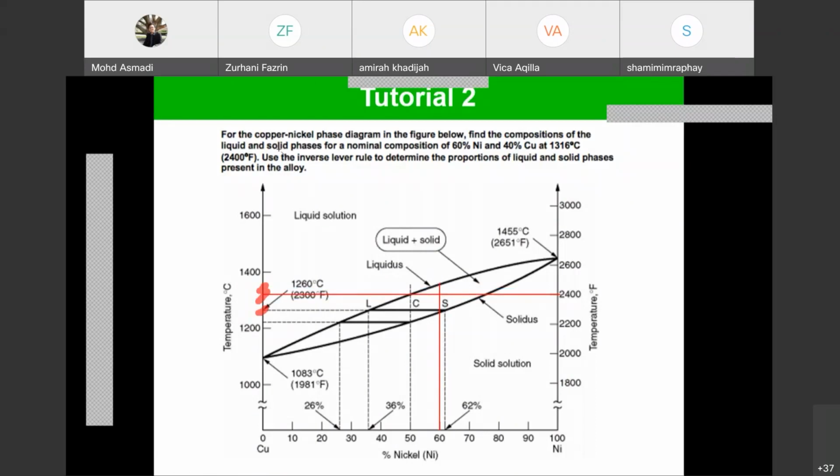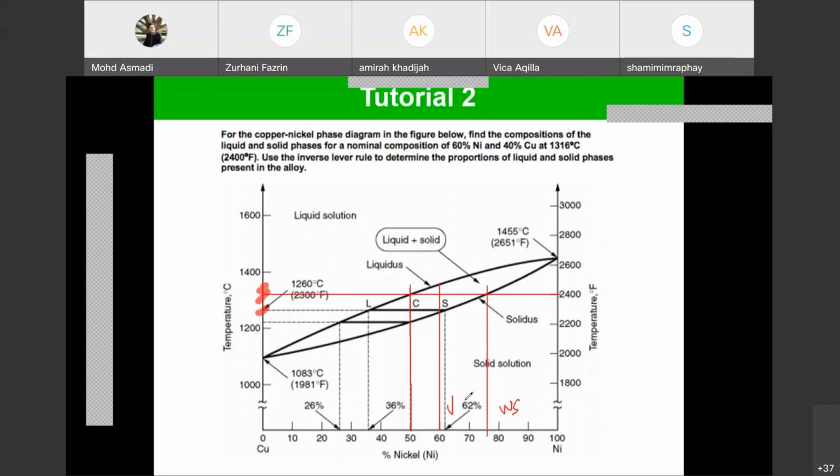Use the lever rule to determine the proportion of liquid and solid phase in the alloy. If you look at here, it starts here. This is WL, this one is W naught, and this one is WS. Because this one touches the liquidus line, this one touches the solidus line, that one is WS.